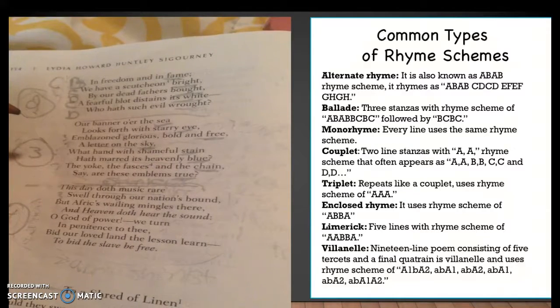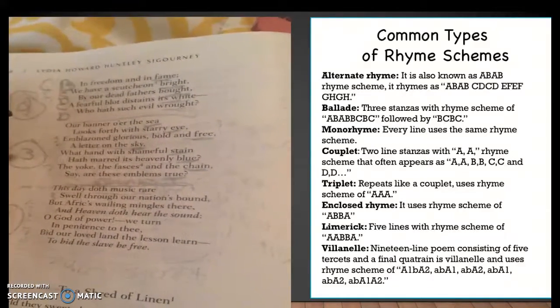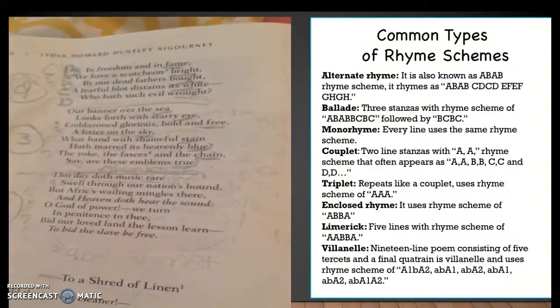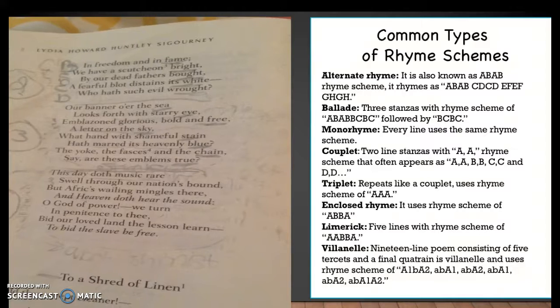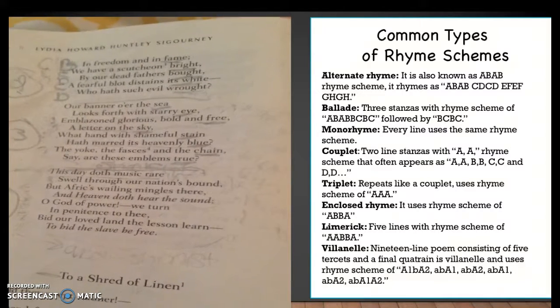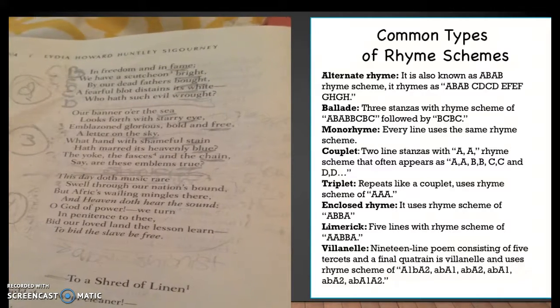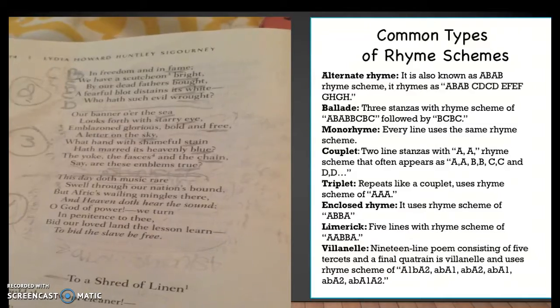Free, sky. So let's see if we've got it going. I see blue and true rhyme. That was the first thing that stood out to me, but I'm trying not to get ahead. Sometimes you can't just look at the last word. You actually have to say it out. Our banner over the sea looks forth with starry eye, emblazoned, glorious, bold, and free.